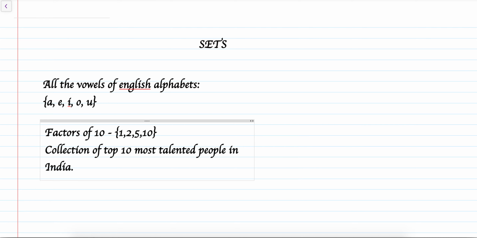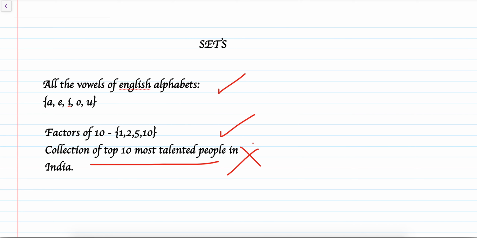So we can say that it's not a set. Whereas this comes under set, this is also a set. This is not a set because we cannot define it. This answer will vary from person to person. And if we ask 10 different people, we will get 10 different answers. So this will not be a set, but these two will be sets.